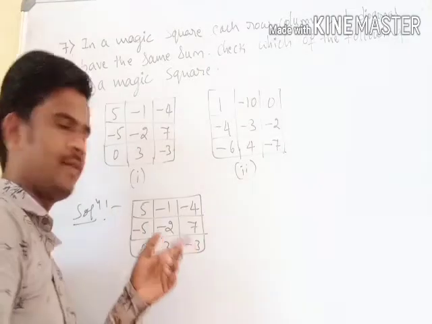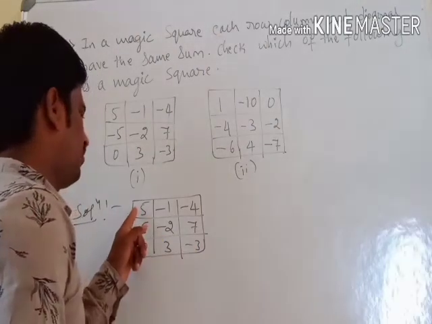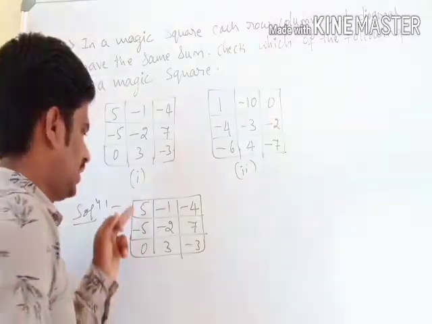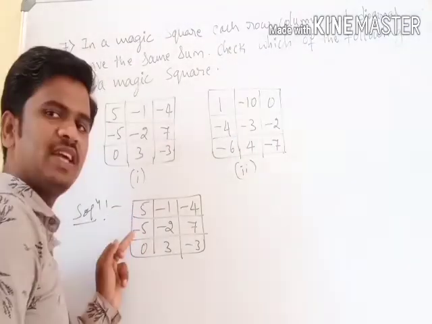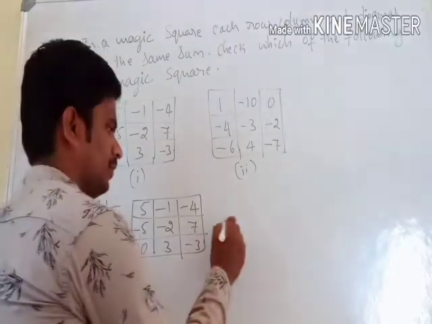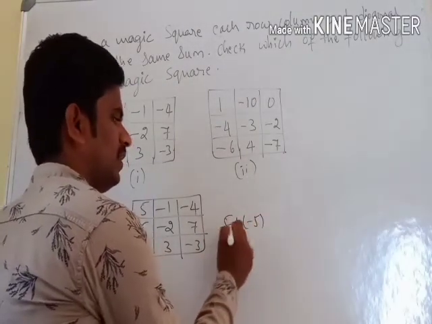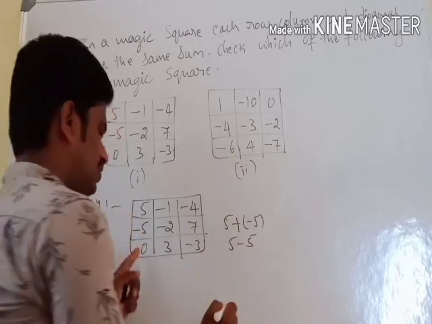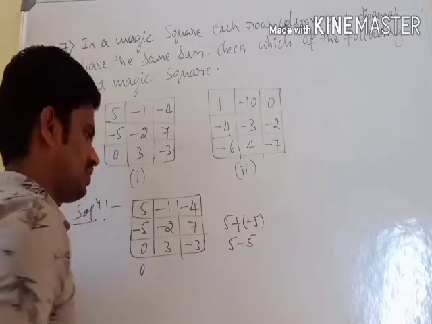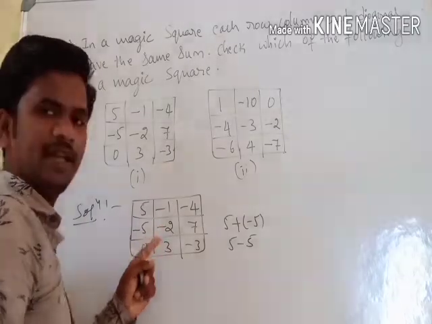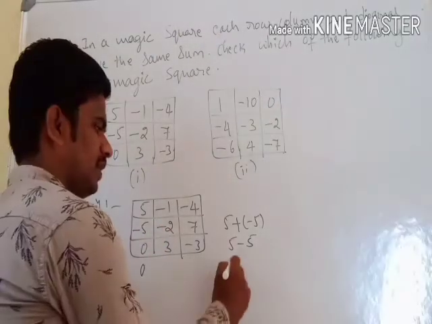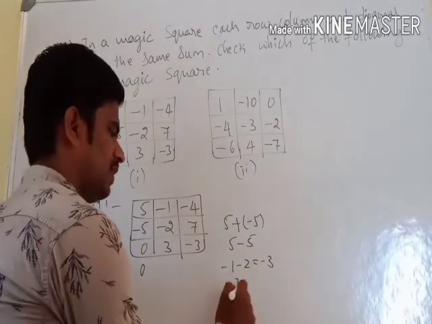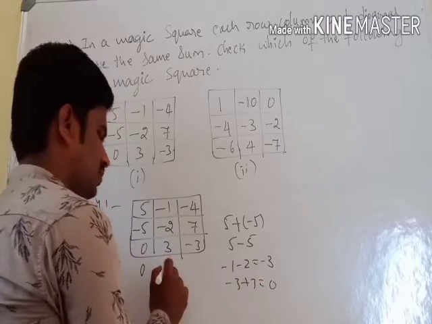First I will add row wise. 5 plus of minus 5 means 5 minus 5, that is 0. 0 plus 0, so its sum is 0. Minus 1, minus 2, that is minus 3. Minus 3 plus 3, that is equal to 0.